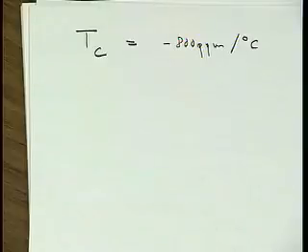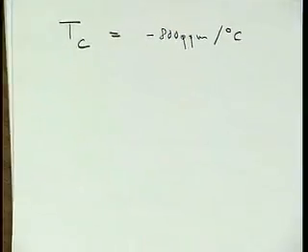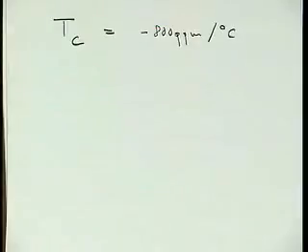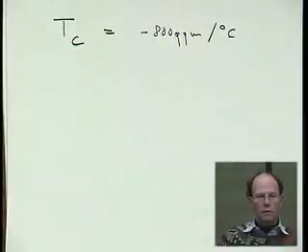So if we have a 1K resistor and we change the temperature by 10 degrees, the value of that resistor would change by 0.8%. Change it by 100 degrees Celsius, we get an 8% change in the resistance value, or in other words, 80 ohms on a 1K resistor.